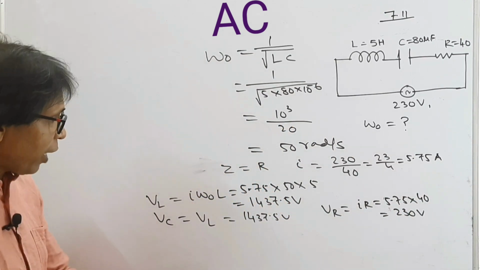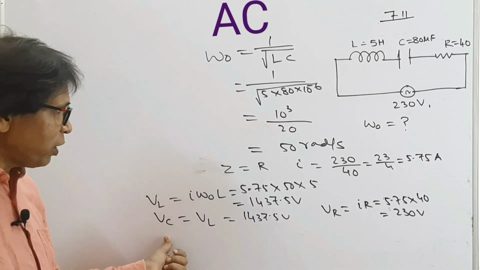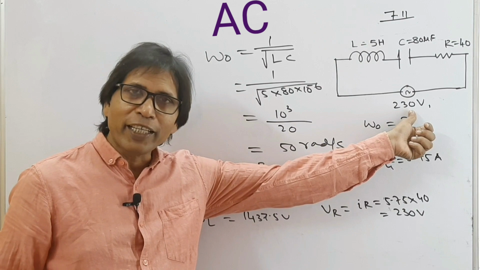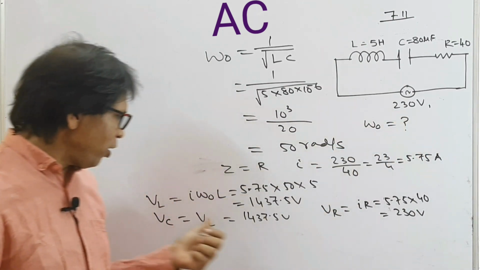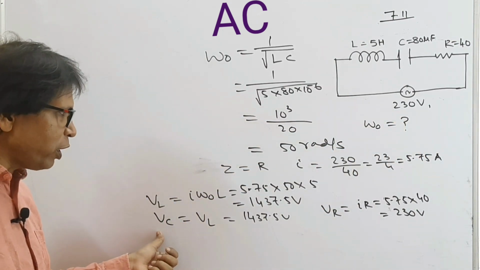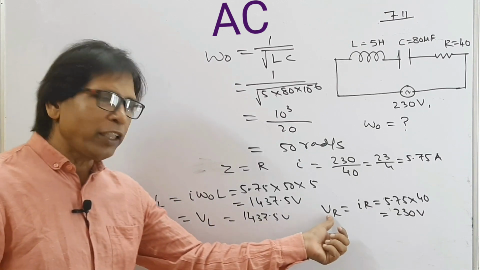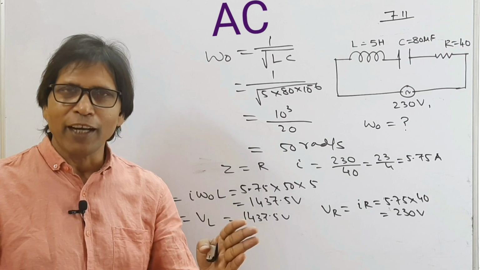Okay. Now here VL plus VC plus VR is greater than the applied voltage, because these are in opposite phase and both VL and VC have a 90-degree phase difference with VR.